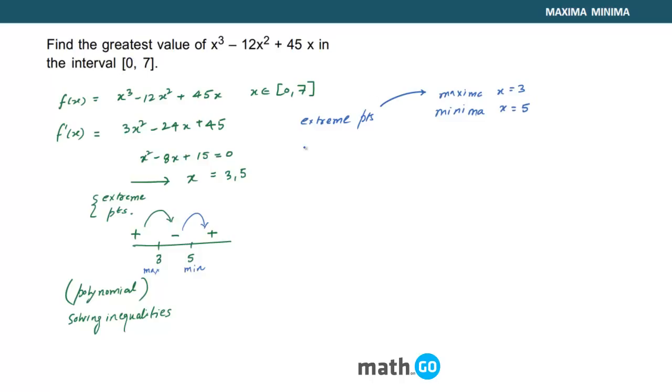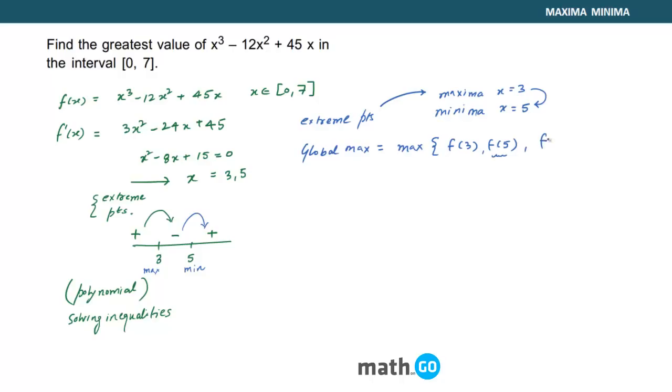So we want to find the global maximum value. You will say maximum of f(3) or f(5). Though in fact I should not write f(5) because this is a point of minima. I should only compare it with the maxima part, so I can leave this out.